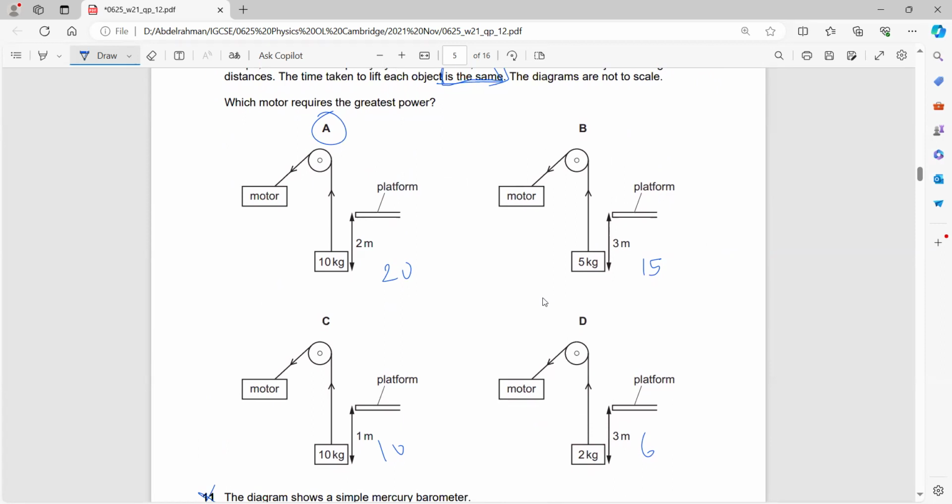Again, it is directly proportional. To find the weight or the force from mass, you multiply by 9.8. Again, it would give you the same answer. You're not actually required to calculate the work done. You just need to understand that the mass is directly proportional to the weight. So when you increase the mass and the distance, the total work done will increase.